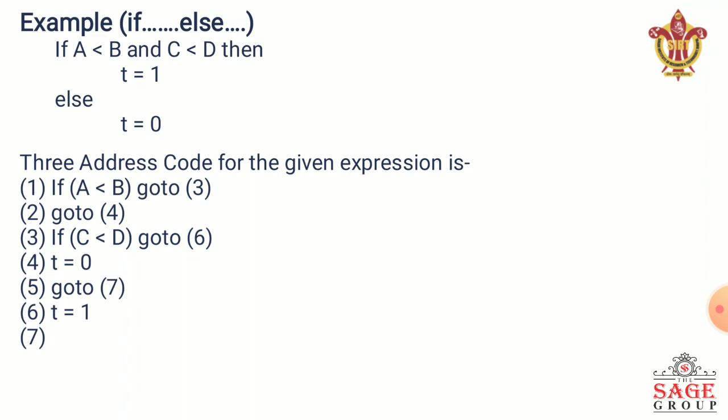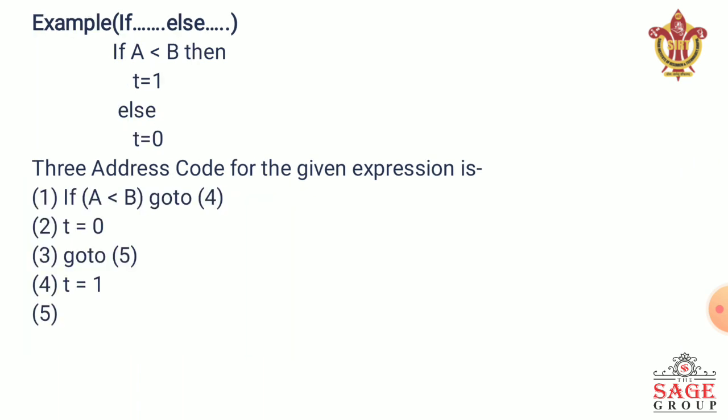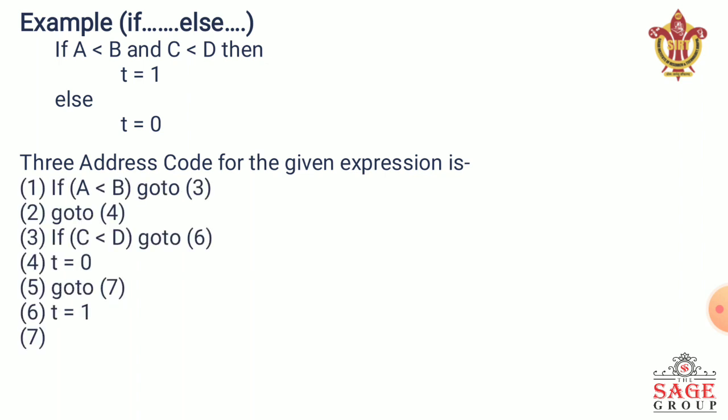So firstly we check if a less than b. If this condition is true, then we check our other condition, which is c less than d. And if a less than b is false, then we execute our else part.